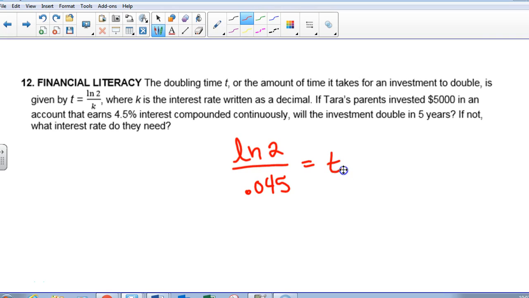Okay, will it double in 5 years is our question. So we're going to type this in and see, is it less than 5 or more than 5? Anybody, what'd you get? This is 15.4. So will her money have doubled? Not even close, right?